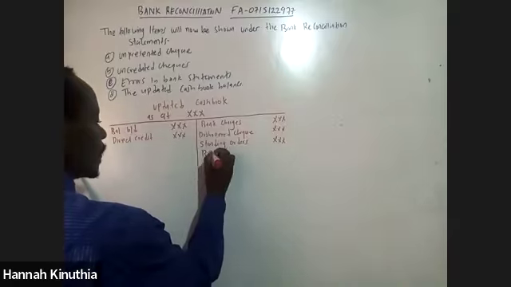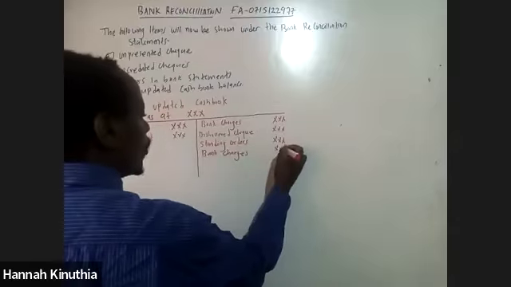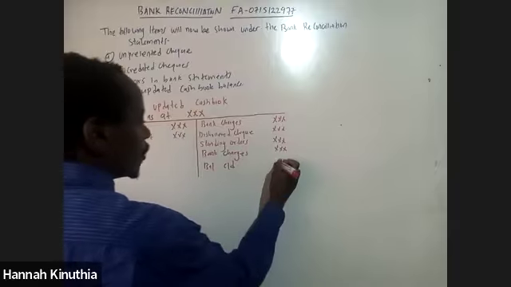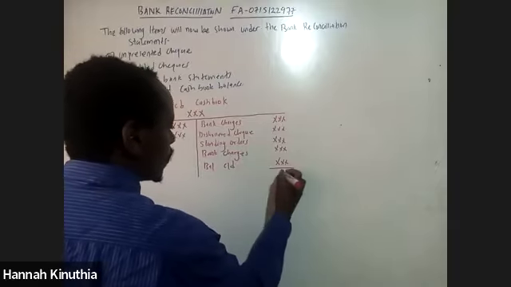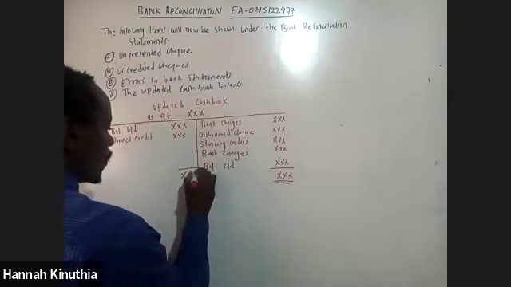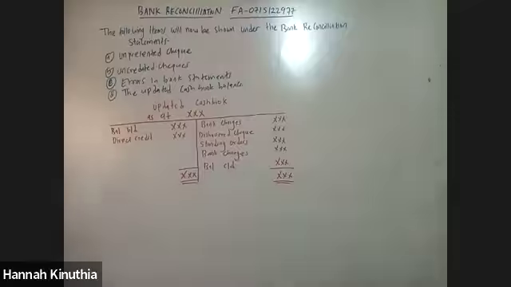Bank charges, and then balance carried down. Just an example. That's an example of an updated cash book. So updated cash book itakuwa inakaa hivyo.